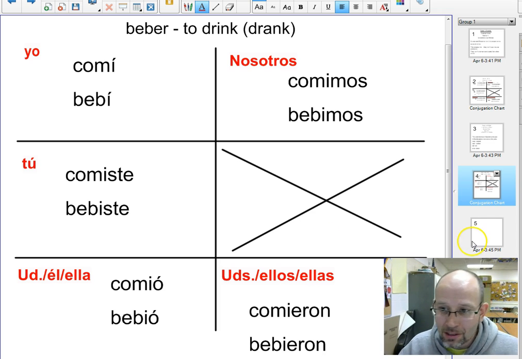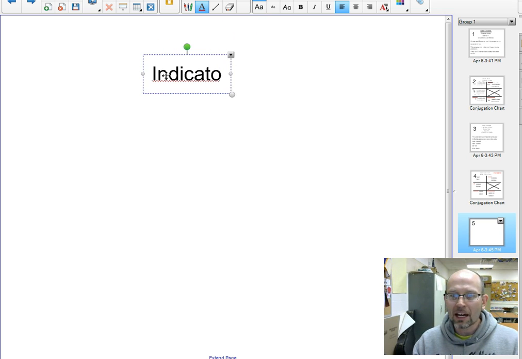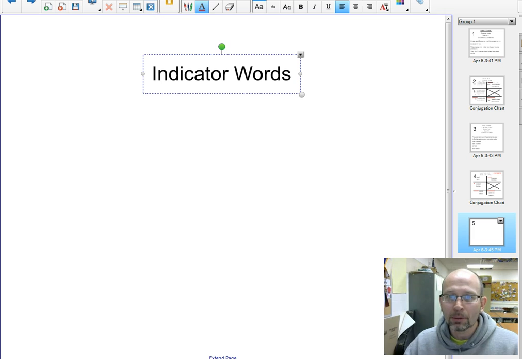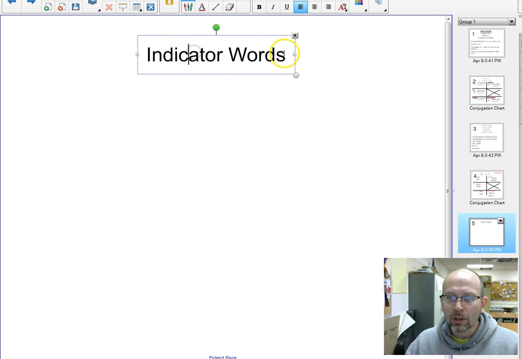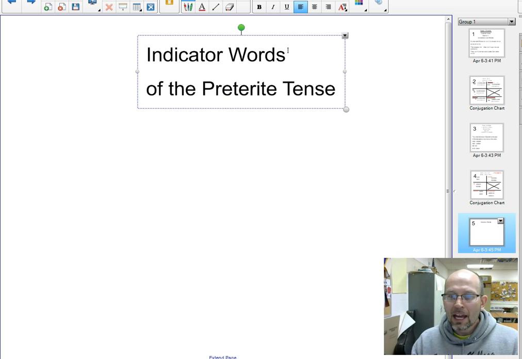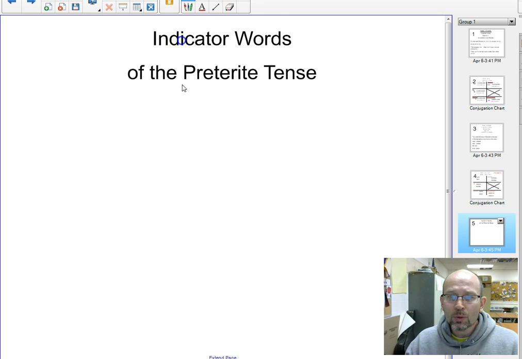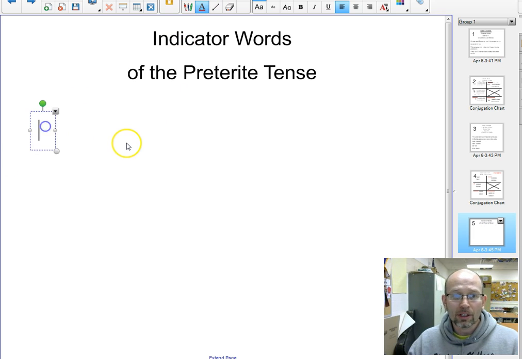Talking about the past, there are some important words that you need to know that indicate the past. And let's go ahead and write them down right now. We're only going to write down a couple of them. These are indicator words of the preterite tense. And basically what I'm talking about as far as indicator words is if you see them, you know that you're talking about the preterite tense.